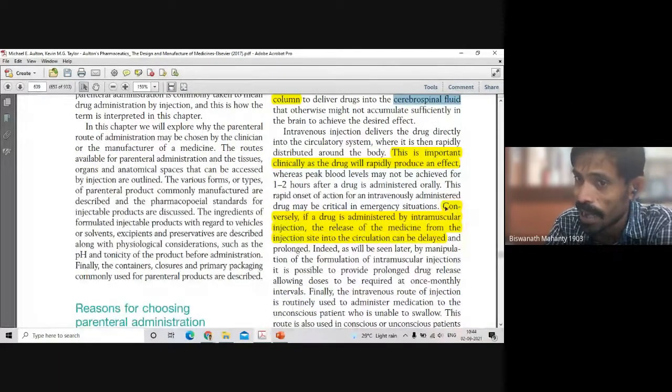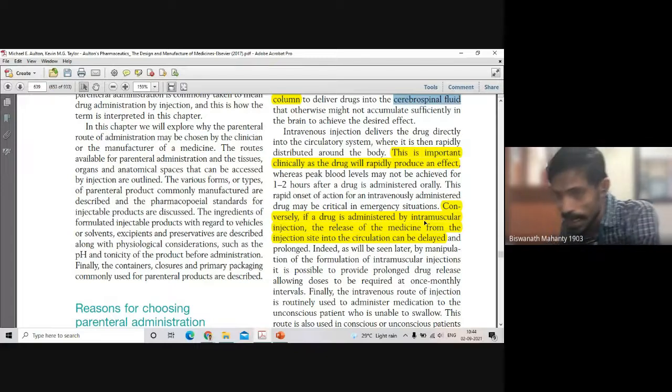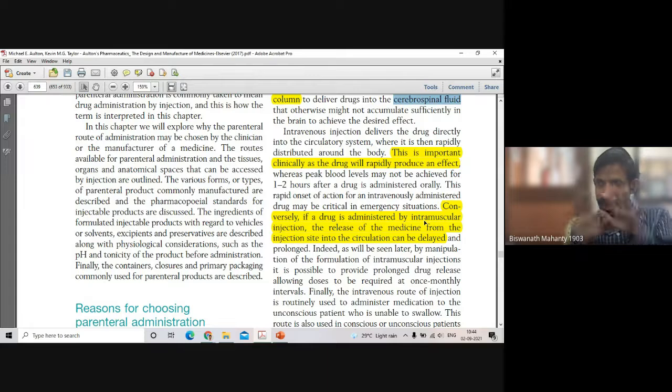Now we can have some formulations which are given as intramuscular injection. Intramuscular injection is given for keeping the drug for a long time. When I'm injecting something in a muscle, muscles do not have so many blood vessels. So the amount of capillarization or perfusion is low in muscle. So when you are injecting something in muscle, it takes time to come into the blood.